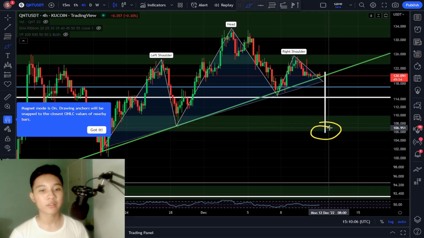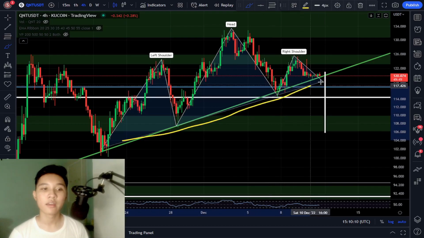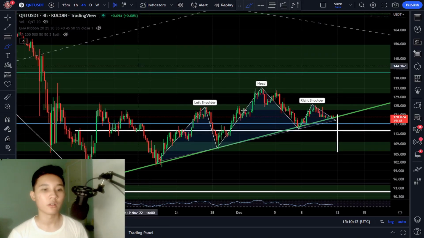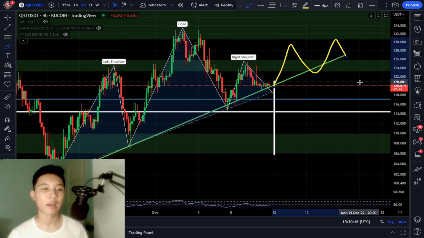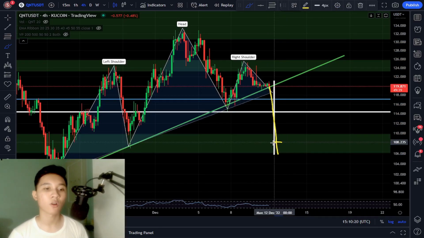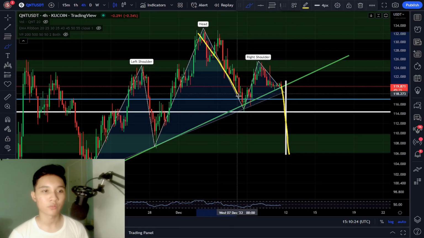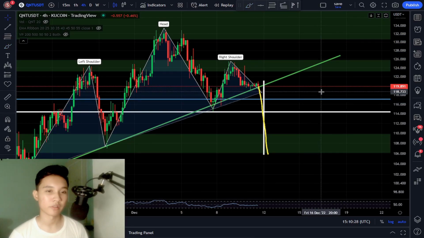But the best case scenario is we actually don't break to the downside of this neckline, and we continue moving to the upside in this trend line right here. But I believe there's a high chance that we may be dumping to the downside to our target of $106, because again, this move or this correction we had in the 4-hourly time frame looks extremely bearish.